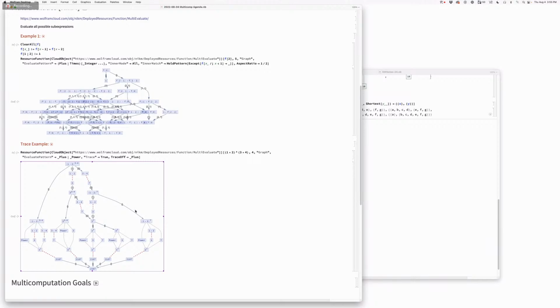What's the relationship? This is using trace graph to visualize the things that actually call the evaluator. Everything else is like replace list with rules.